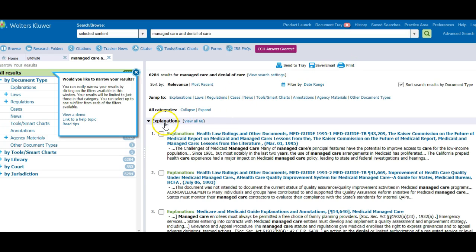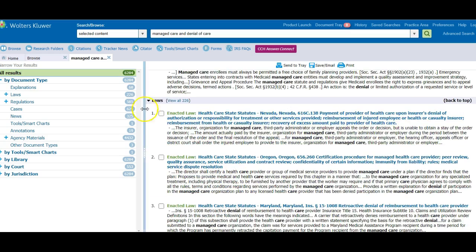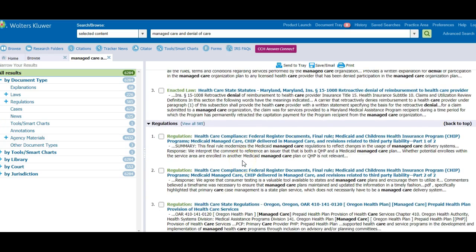So what we're seeing here are the explanations. That's the analysis, why we go to secondary sources, the explanation, as it says right there. That's where we would get the background. And then again, we have the laws section. So here is the actual text of various state laws containing my search terms.